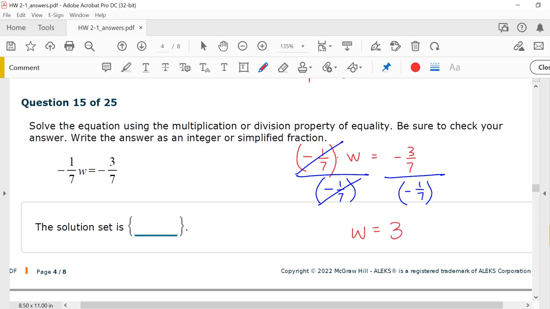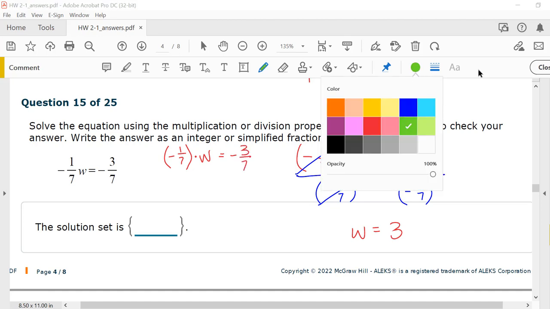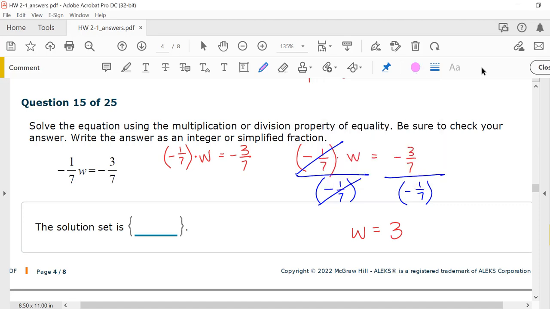Another way to look at this problem, I had negative 1/7 times w equals negative 3/7. You could also multiply both sides by the reciprocal of negative 1/7, so negative 7/1. If I multiplied both sides by negative 7/1, negative 7/1 times negative 1/7 is just 1.